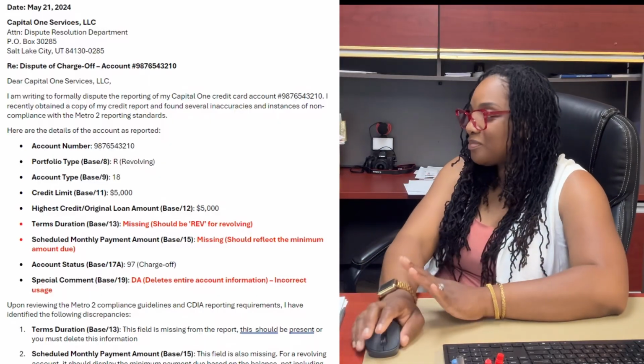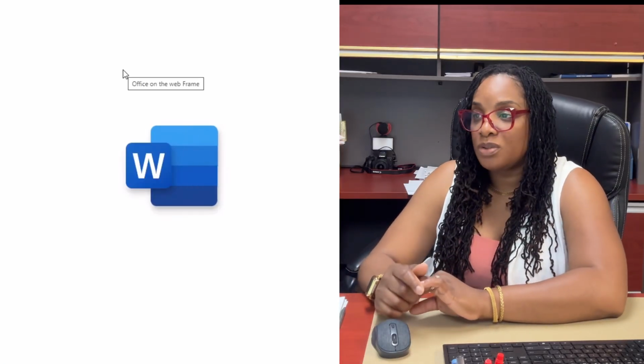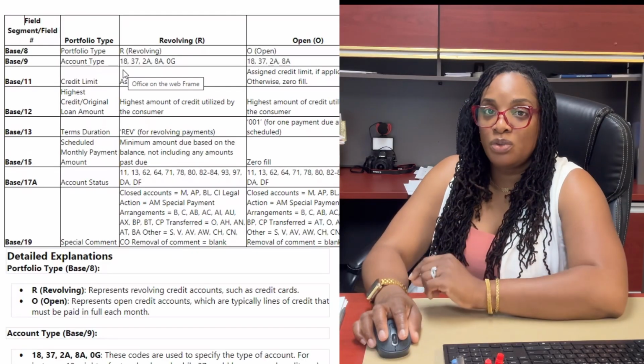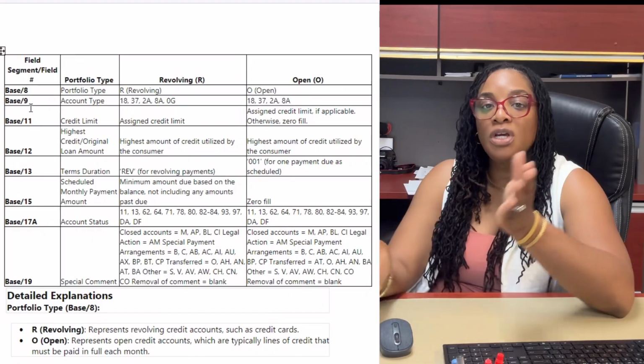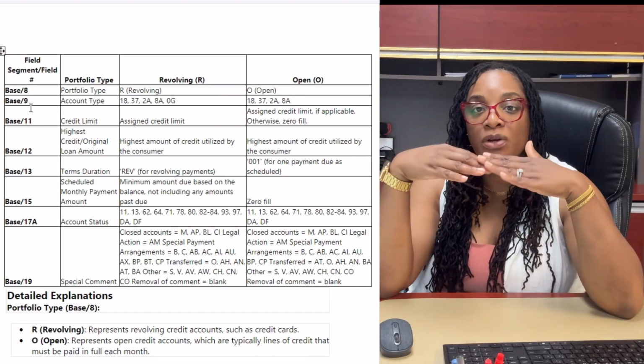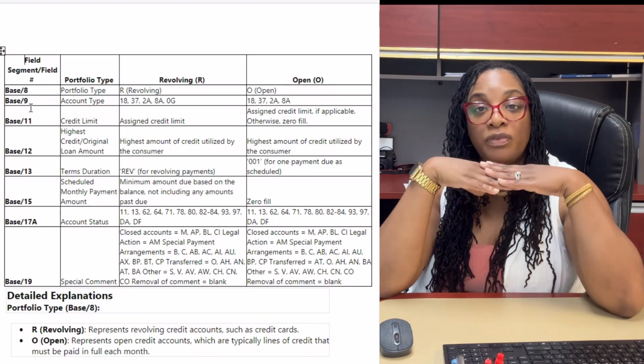So, all right, now I want to show you some different Metro 2 fields and codes as they pertain to charged off accounts. This is just a grid that I made. You'll have your header record field 12.